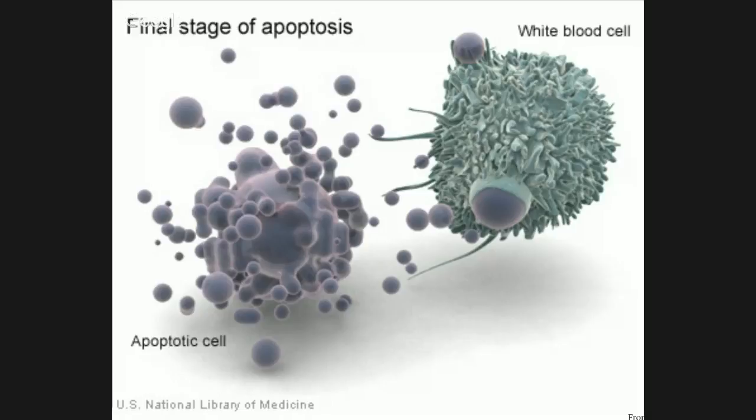So this apoptotic cell might be one that was infected with a virus, and a cytotoxic T cell can come along and say, hey, you're infected, die. And it dies like this, so it can be cleared away. And all of the viruses that it was producing are trapped within those little things. They're going to get gobbled up and cleared away by phagocytes. Okay. So it's the clean way to get rid of things.